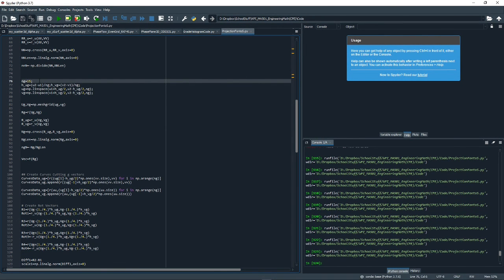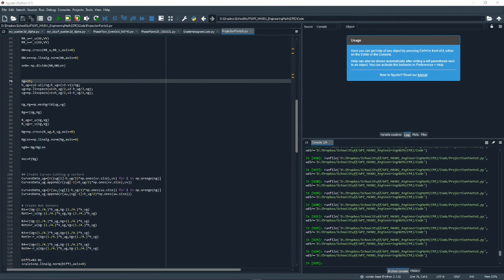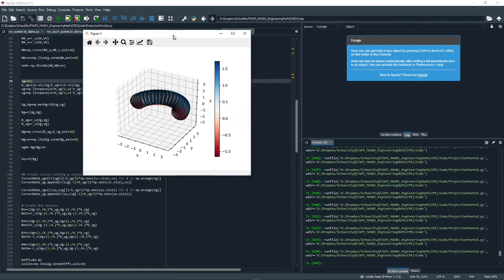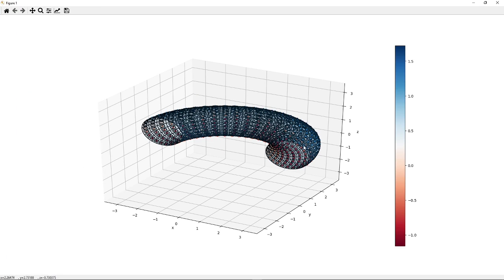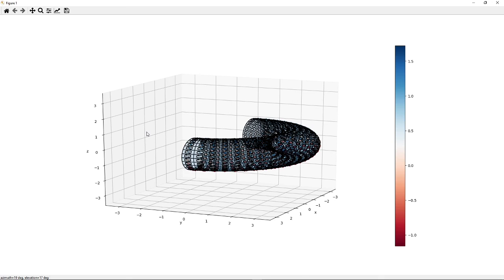Let's jump up to 25. So with 25, you see even more. This is going from 15 to 25.